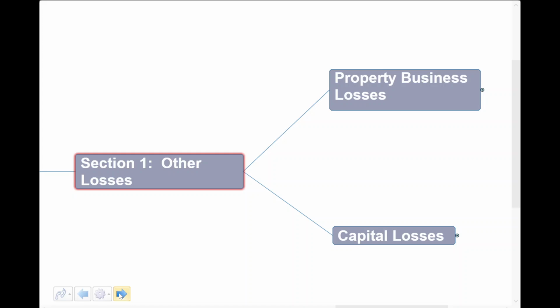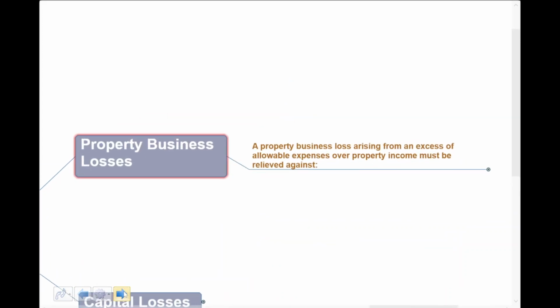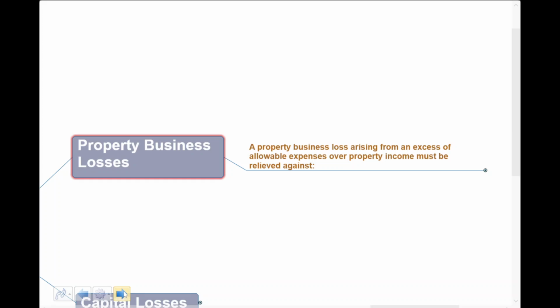So let's deal with property business losses first. We've got a company, let's say a private limited company for argument's sake. They're renting out properties and indeed they make losses, based on rents receivable less allowable expenses. So what do we do with that property business loss?